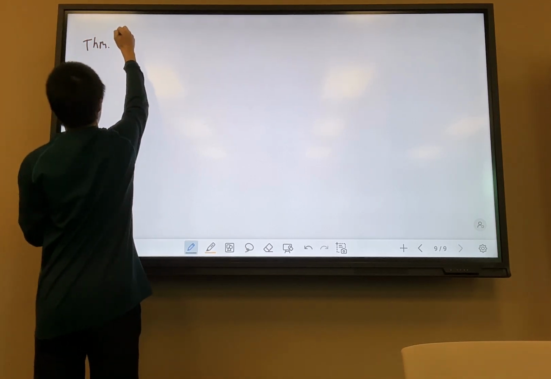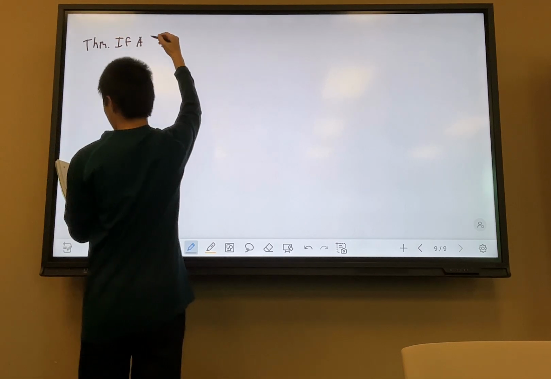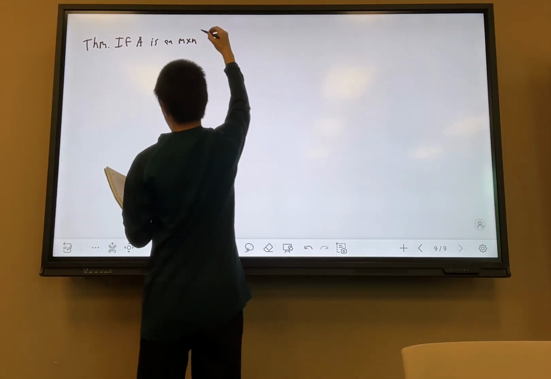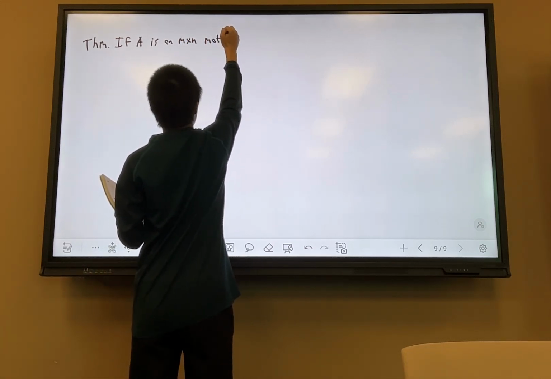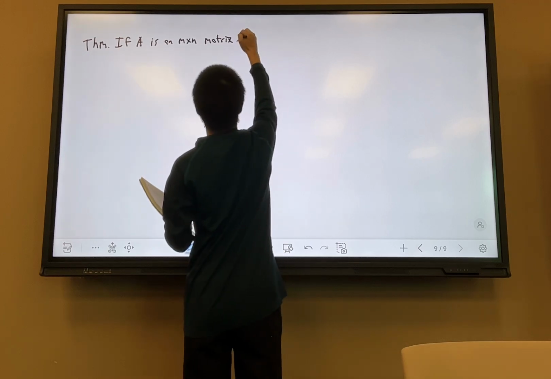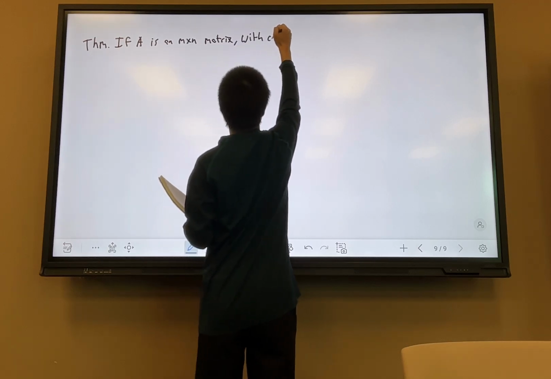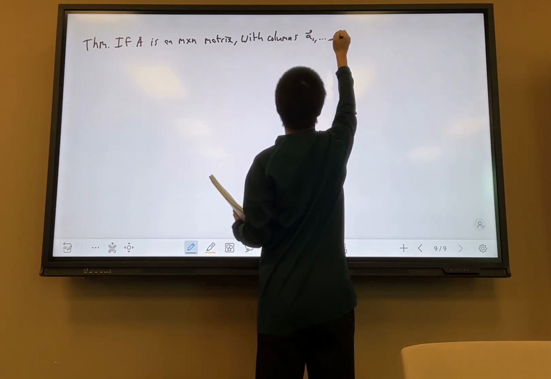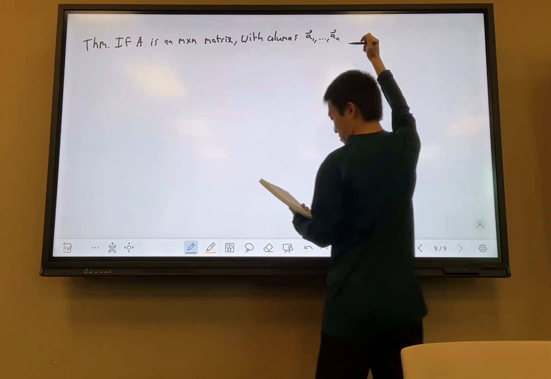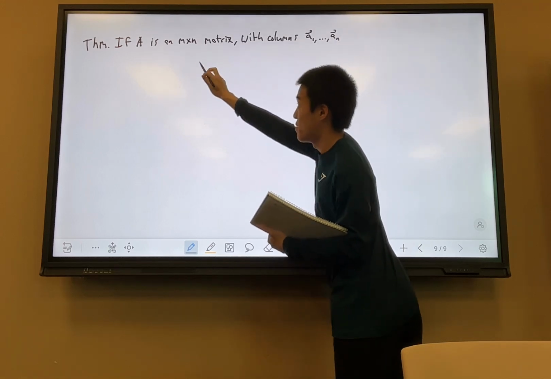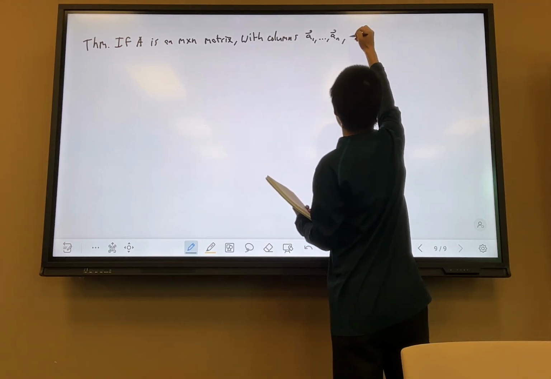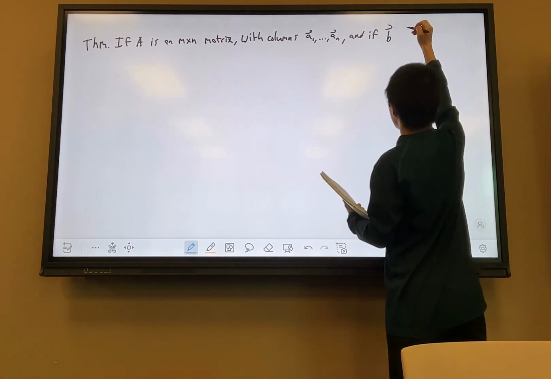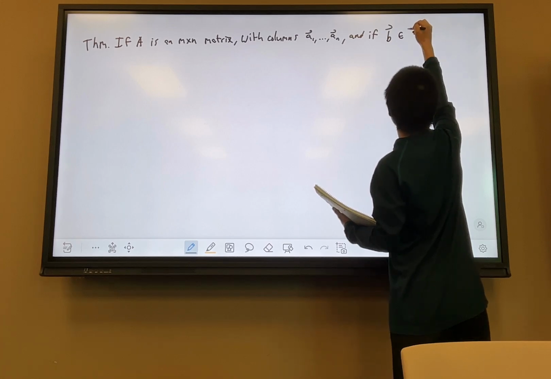If A is an m by n matrix with columns a1 to an, again, n columns for m by n, and if b, on the other side, is in Rm.